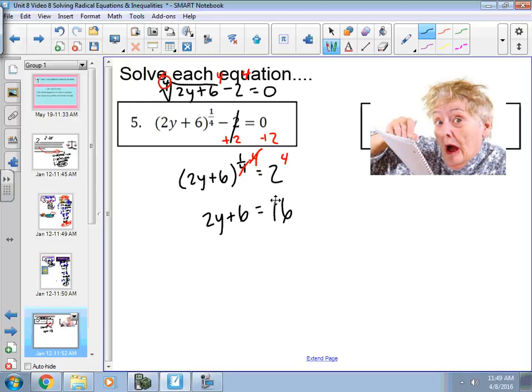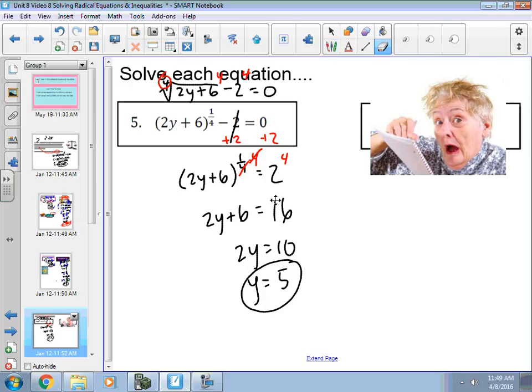So now this is a pretty easy one to solve. Minus 6 from both sides. Divide by 2, and we get 5. Again, though, make sure you check the answer. Make sure it works. If we plug that back into the original problem, we can see if that's a solution or not. So if you put 5 in here, 2 times 5 would be 10, plus 6 is 16.